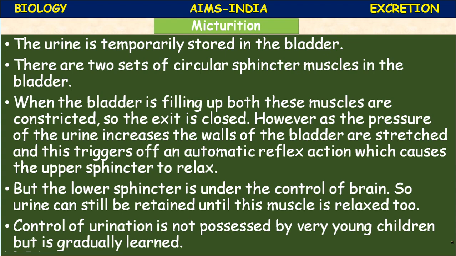The total amount of urine excreted per day is about 1.6 to 1.8 liters. Its quantity increases with large intake of fluids like water and fruit juices, and decreases with lesser intake of these fluids. So always remember, urine should not be stopped.